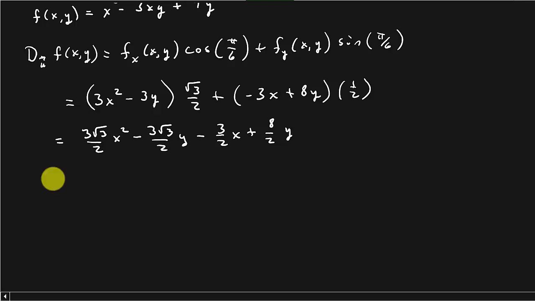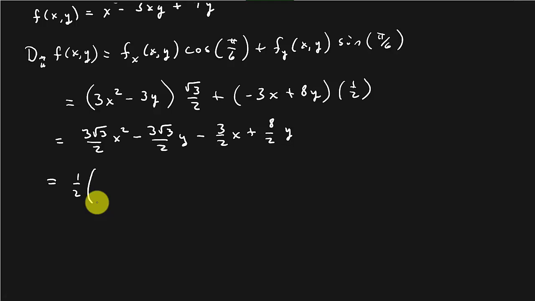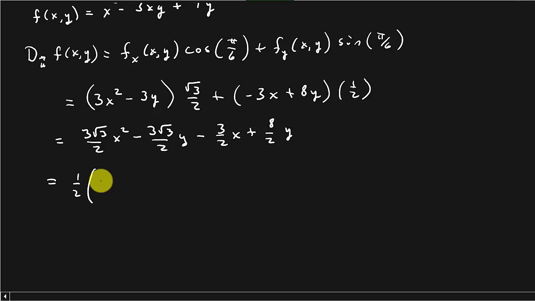So let's just come up here. Let's factor out a half. It might make it easier for us to evaluate pulling that 1/2 out. We don't have to worry about fractions except for that last one that we have to multiply. And so that's going to be 3 square root of 3 times x squared minus 3 square root of 3 times y minus 3x plus 8y.